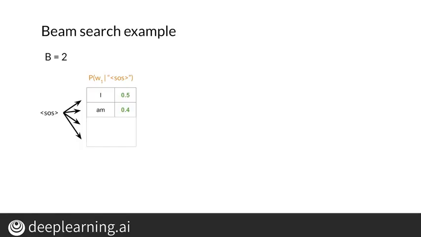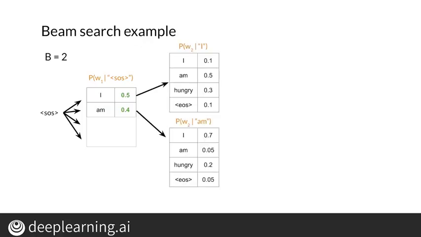Then, you calculate the conditional probability of all other words given the two sequences that you have kept so far, I and am. Given the word I, the model returns am with a probability of 0.5, and hungry with 0.3. Given the word am, the model returns the word I with a probability of 0.7, and hungry with a probability of 0.2.